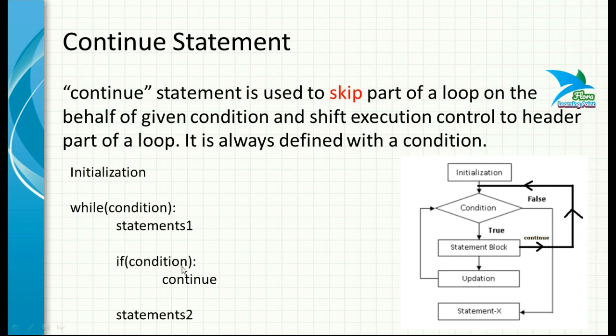Then if the condition is true, the continue statement will execute and directly shift the control from this line to the condition and skip this statement. So if you run a continue statement inside the body of a loop, it will skip the remaining statements defined inside the body of that loop and shift the control back to the conditional part of that loop.